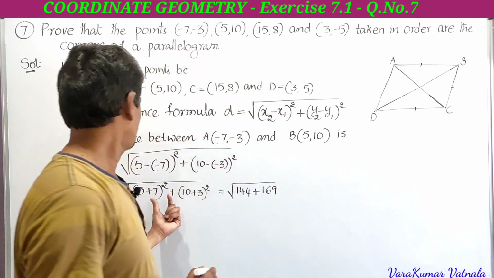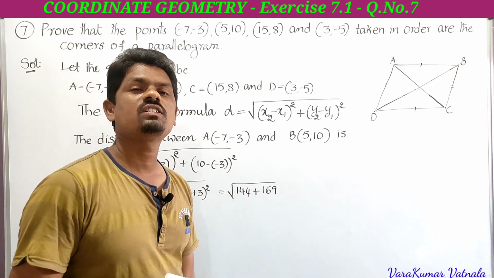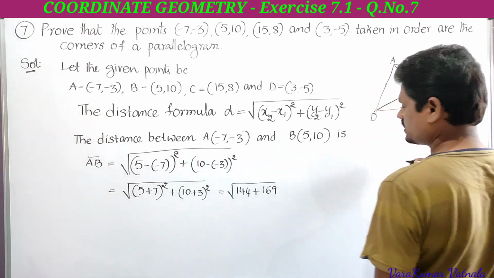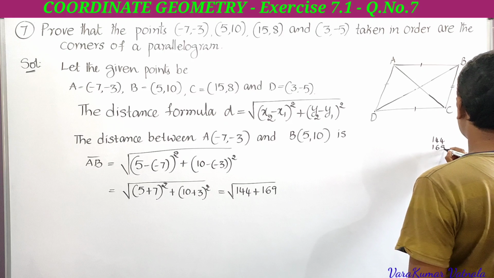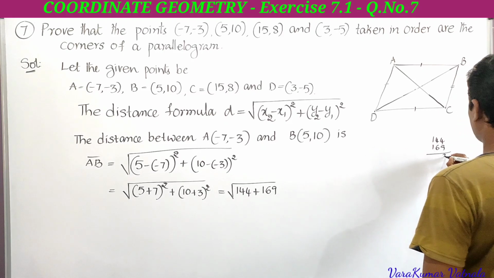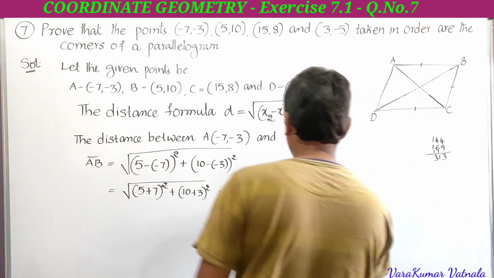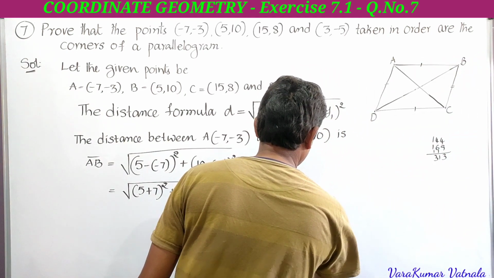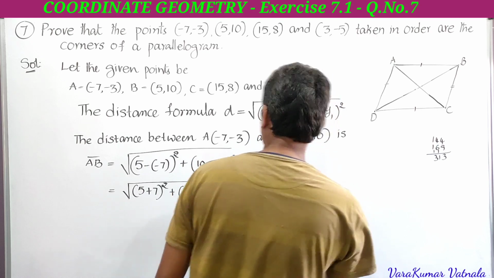So 144 plus 169, I am adding here 144 and 169. 9 plus 4 is 13, 1 plus 6 plus 1 is 8... that gives 313. So square root of 313 units. This is the length of AB.